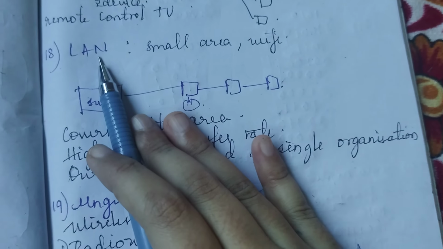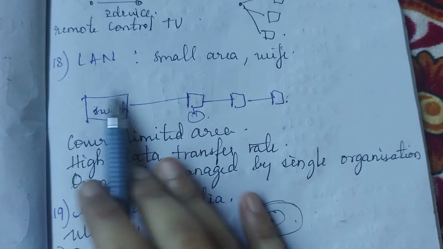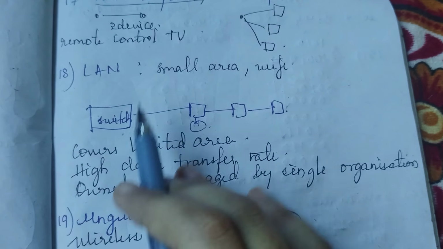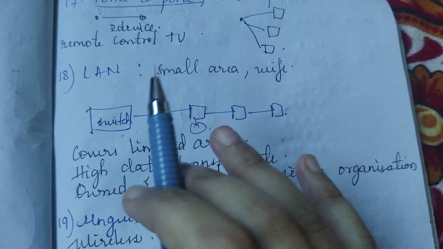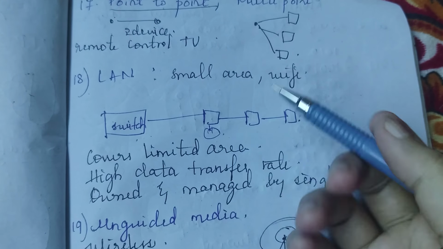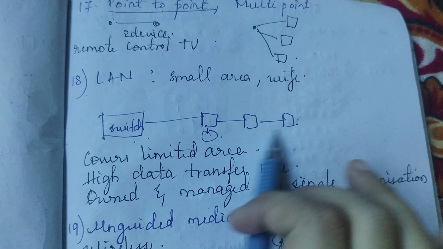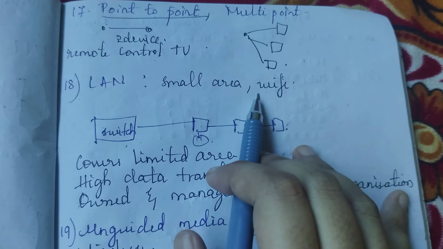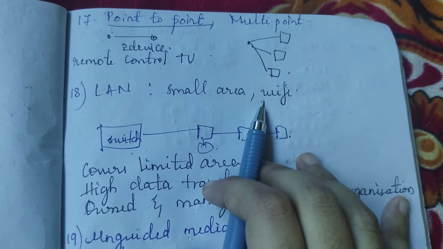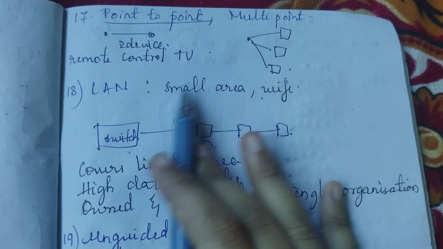Then they may ask to explain the LAN. LAN is nothing but one switch will be there, and from one switch many computers will be connected, like it will give the internet. You can say it will cover only a small area. Wi-Fi is the best example. Why is Wi-Fi the best example? Because Wi-Fi will cover only a limited area.